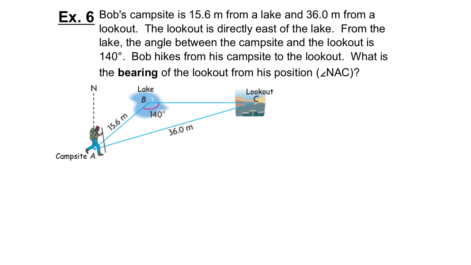This part is, but this part is not. It's outside the triangle. So it's going to throw a little twist into this problem, but really we're just trying to find this angle. So we need to figure out what this angle is, and once we know that angle, we can use it to figure out the entire angle that makes up the bearing.